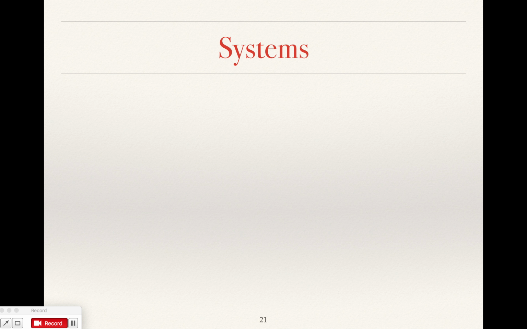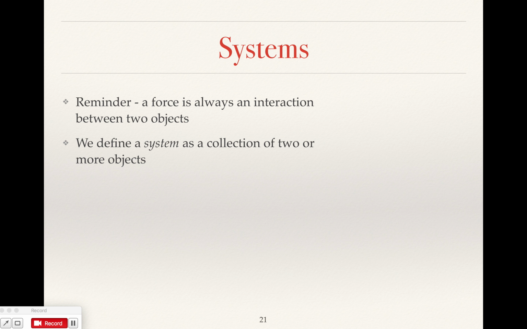Okay, the other important thing here is a system. Remember, a force always results from an interaction between two objects. So we're going to define something called a system, which is just a collection of two or more objects. It could be 2, it could be 3, it could be 127.